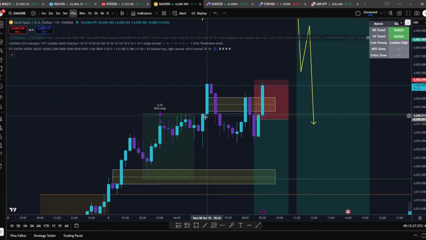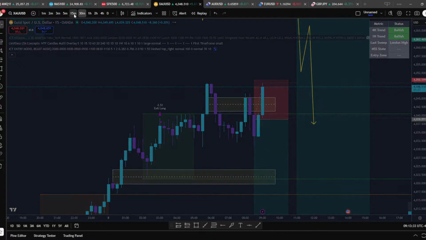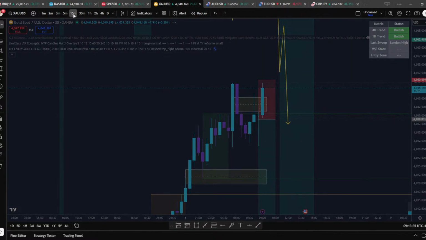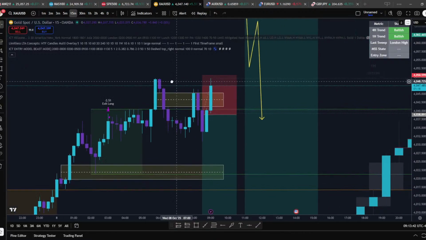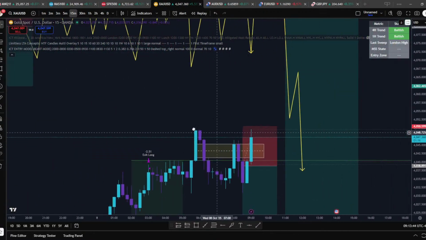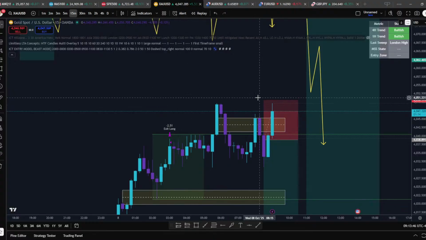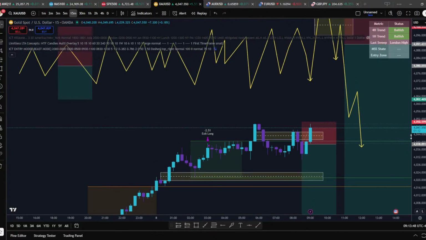There's two fair value gaps here, right? So ideally, if you look on the 30 maybe, no. So that is why this is coming back up, because it's gold. Gold is just going to pump.